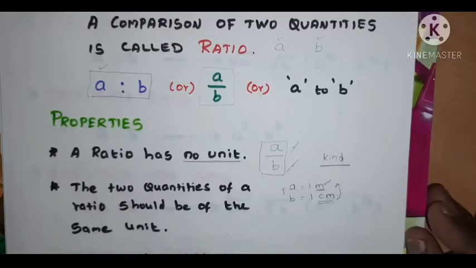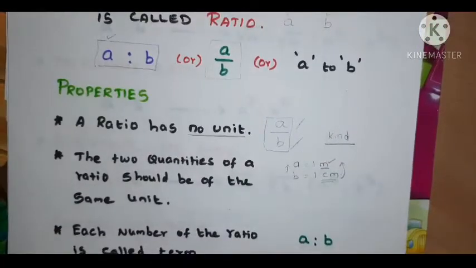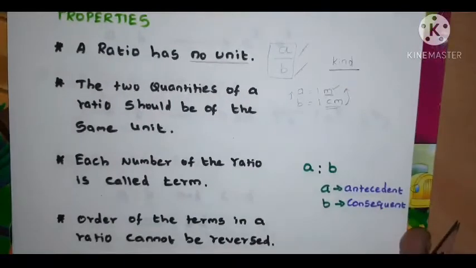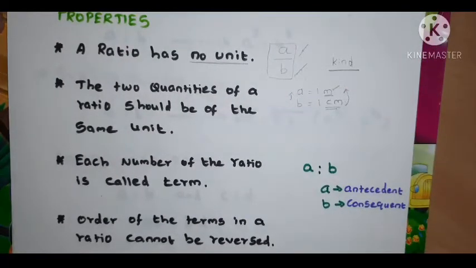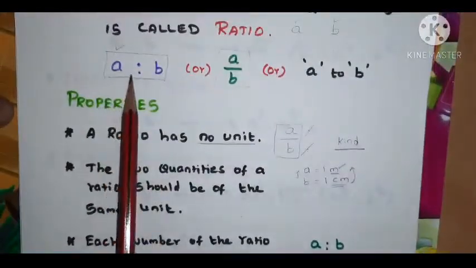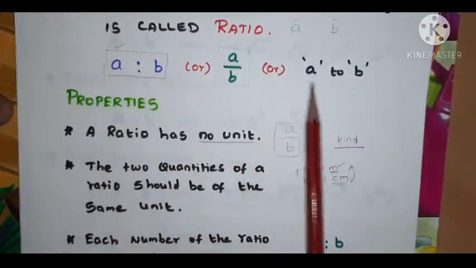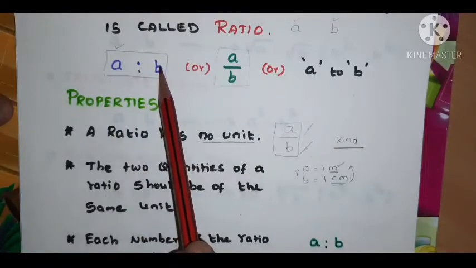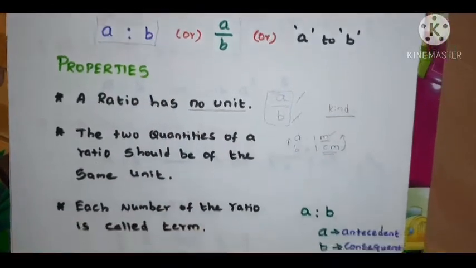Hope you understand. Fine. Look, the next property is that each number of a ratio is called a term, right? As I said, a ratio can be expressed in this form, A is to B or A by B or A to B. Here A and B we are generally calling terms, right?